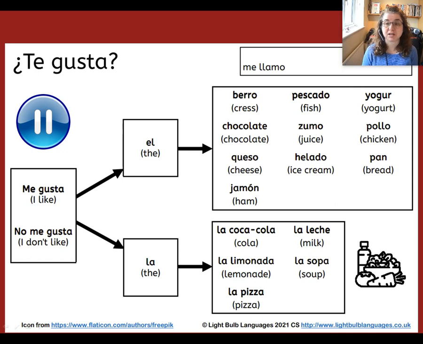All you need to do to get a correct sentence is to follow the arrows. So what I would like you to do is to pause the video and use the sentence builder to write 6 sentences about foods that you like and don't like. Remember, as long as you follow the arrows, you're going to be correct. So pause the video now, have a go at 6 sentences, and then press play again when you're ready to continue.